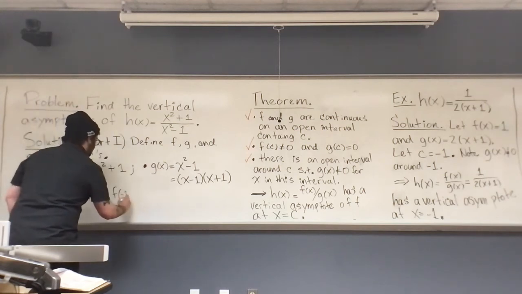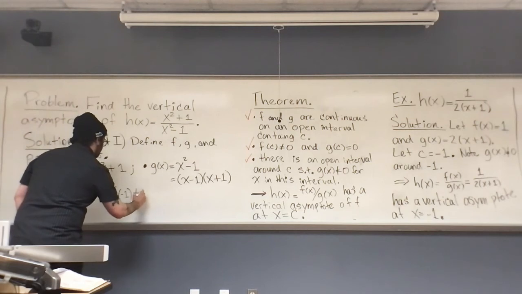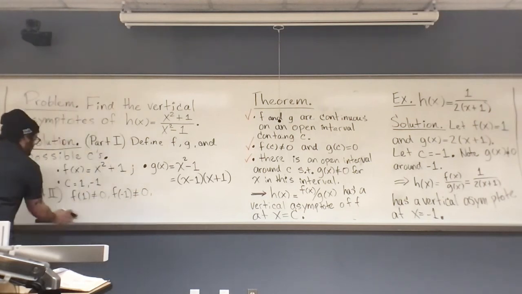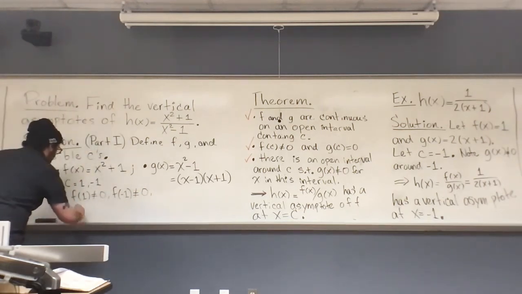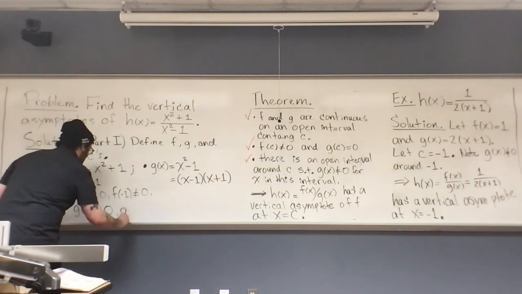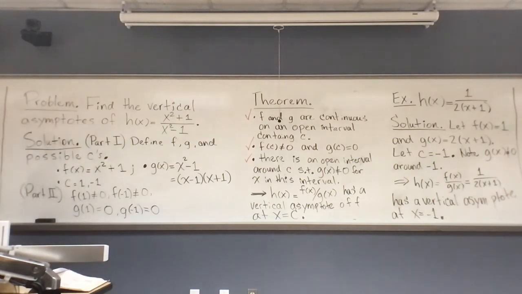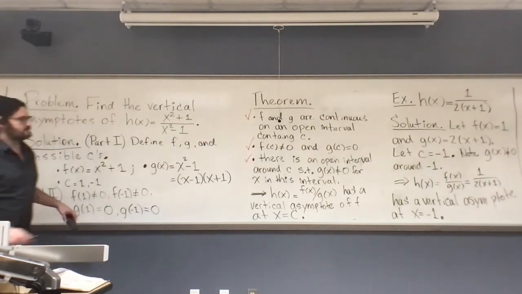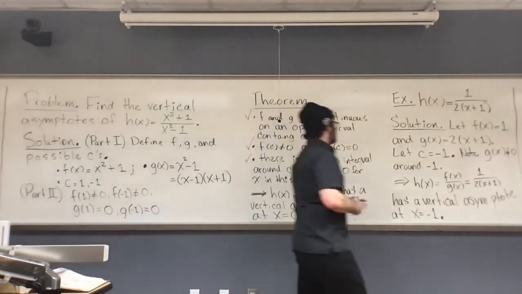F of minus 1 does not equal 0. And g is equal to 0 at both of them. So second check, done.